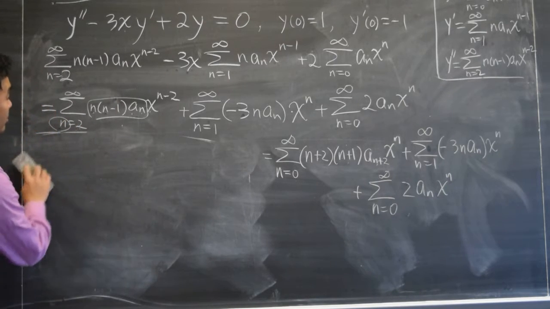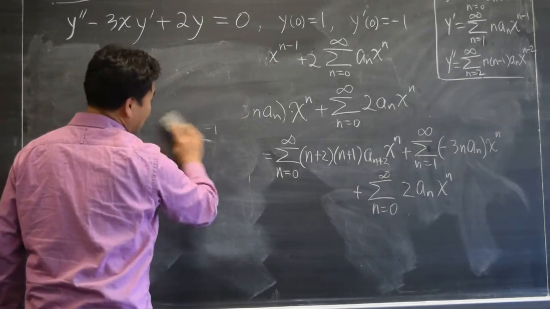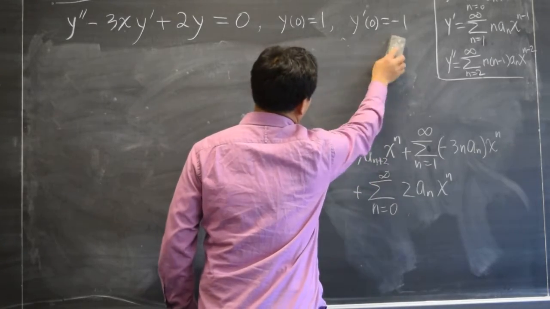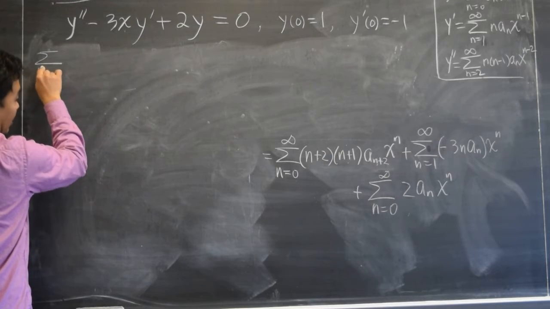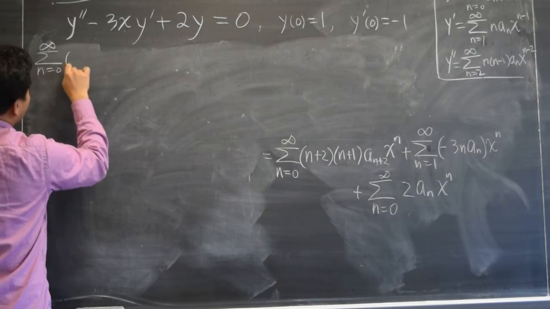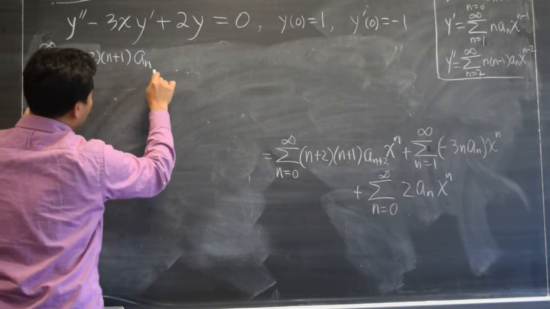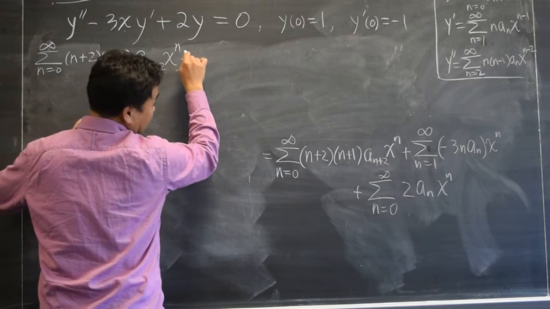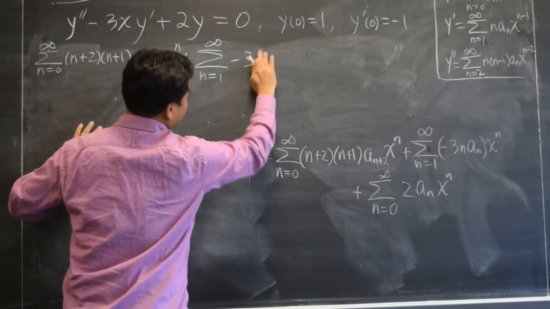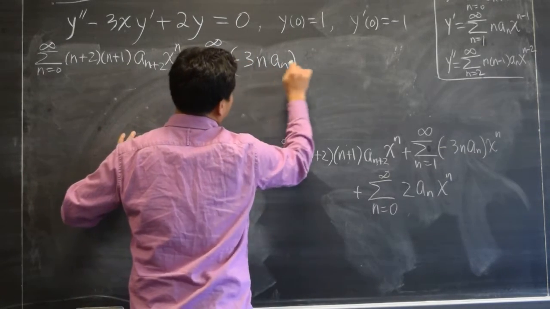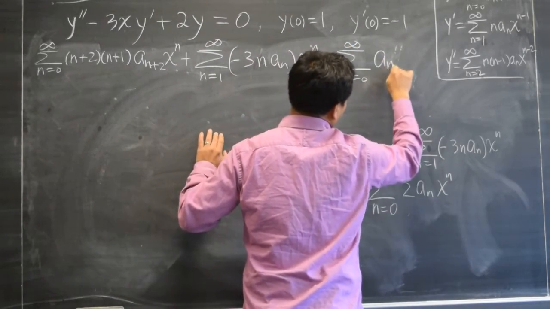Okay, so now, since we lack the room, let me just copy this and then we'll continue. So we have so far the sum from n equals 0 to infinity of n plus 2 times n plus 1 times a_(n+2) x to the n, plus the sum from n equals 1 through infinity of negative 3 a_n x to the n, plus the sum from n equals 0 to infinity of a_n x to the n.